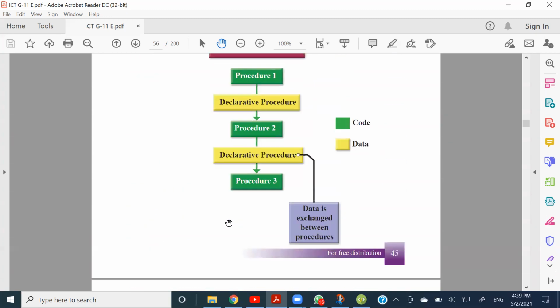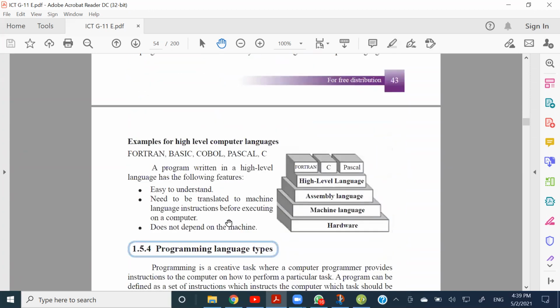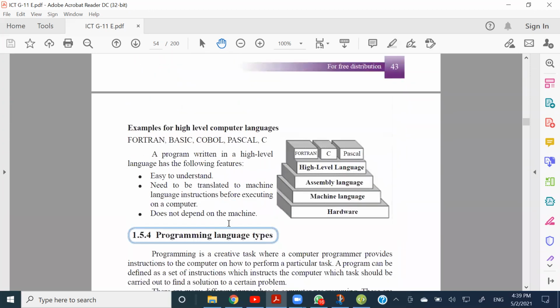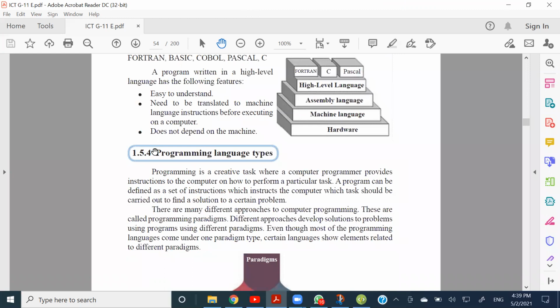All right, here are the things that you need to write down regarding this. So please mark the topic, programming language types. And from that, just mark these lines.